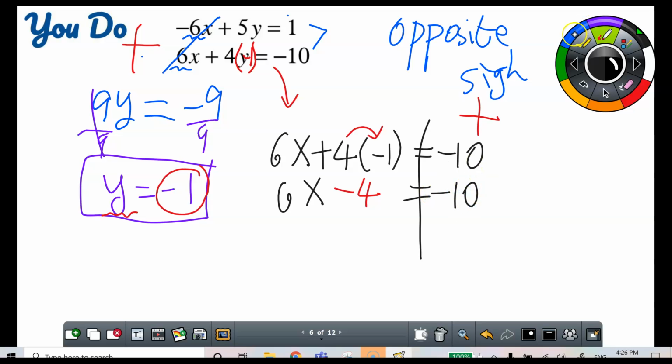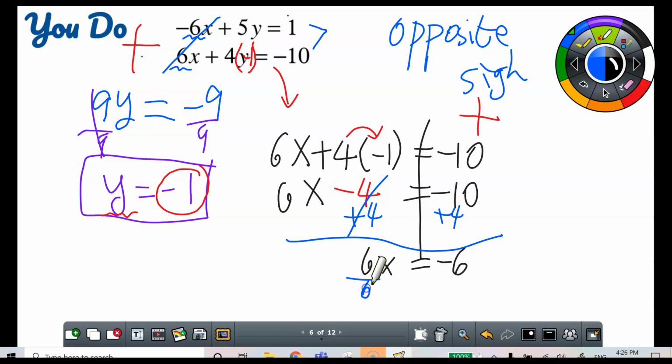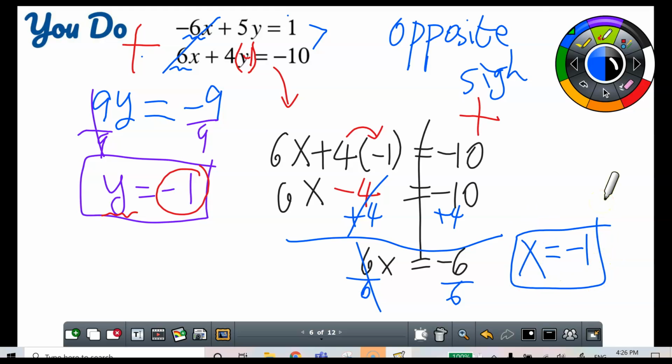And get rid of the 4. Finally, get rid of the 6. So I have x equals -1 also. And that's it.